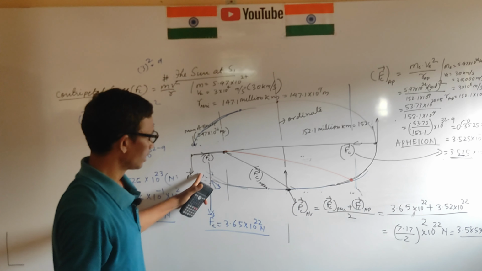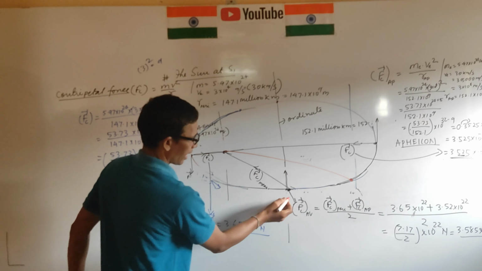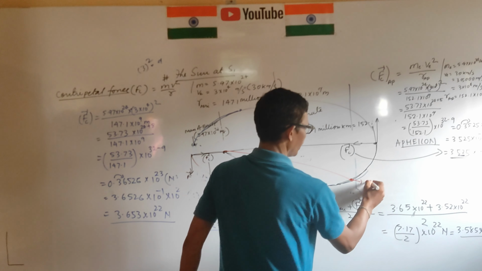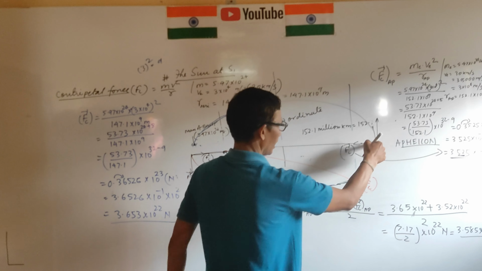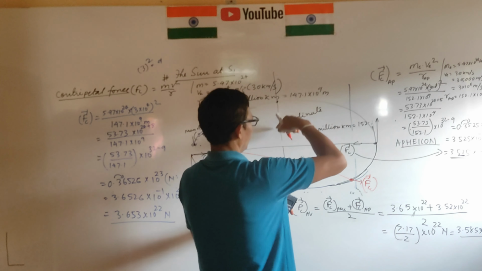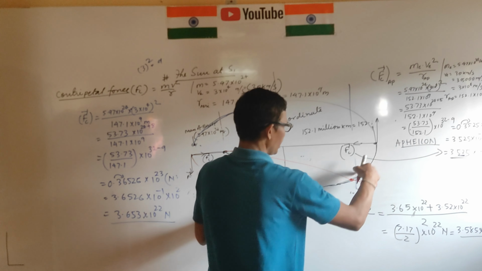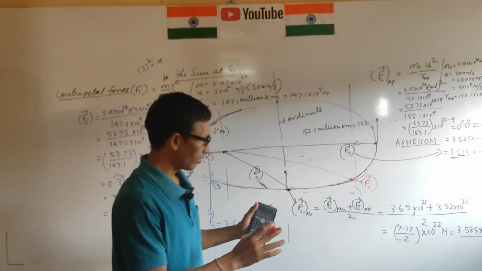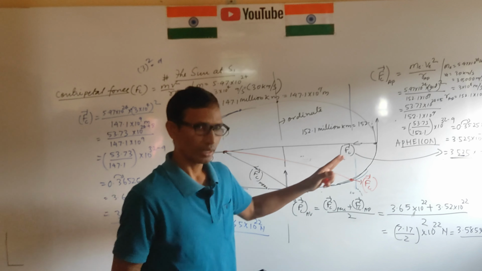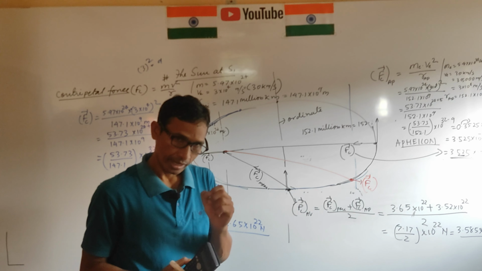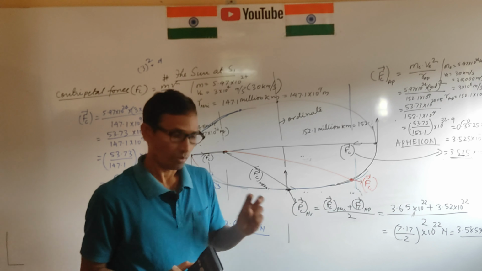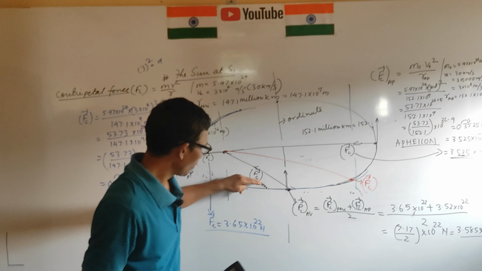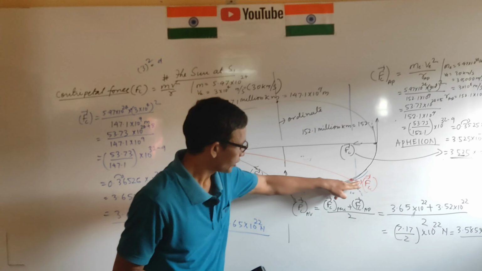This is greater, then it is the average, and here the centripetal force is decreasing when the earth is moving in the aphelion regions. When the body is moving in the aphelion regions, then the centripetal force is just decreasing.